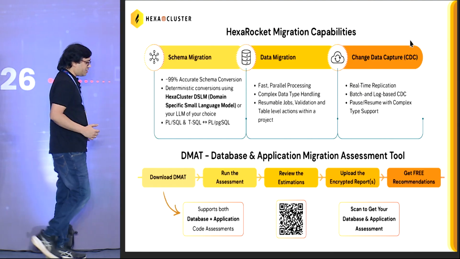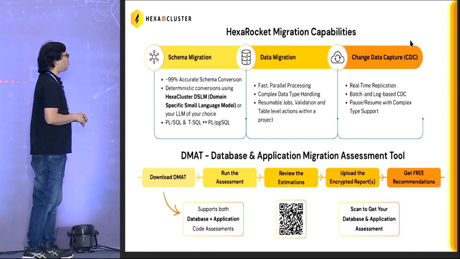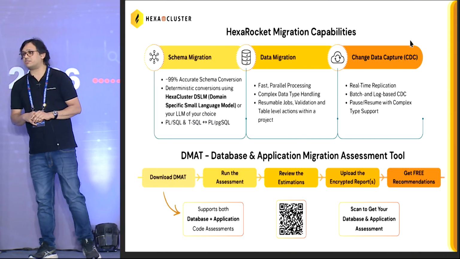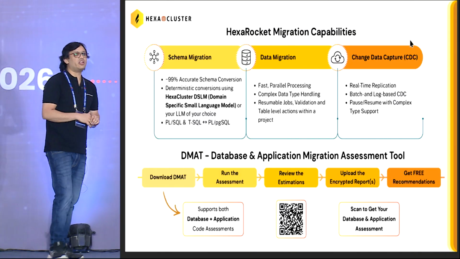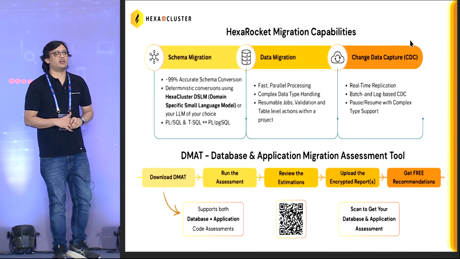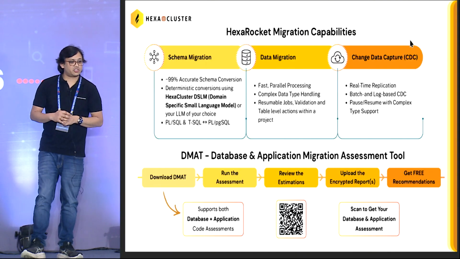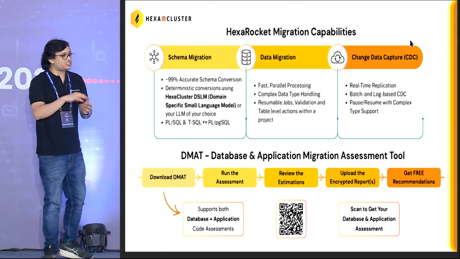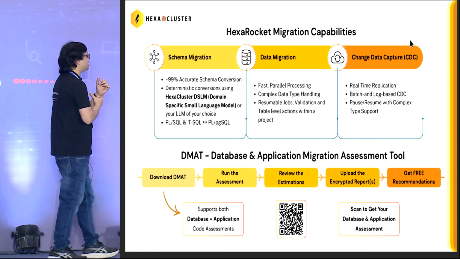How did we start the journey with HexaRocket, right? Why do we say that it's almost 100% automatic schema conversion? That's because we trained our own language model. I think in the morning you would have heard in the keynote about how LLMs are evolving, and at the same time how they can be used for SQL to SQL optimizations.